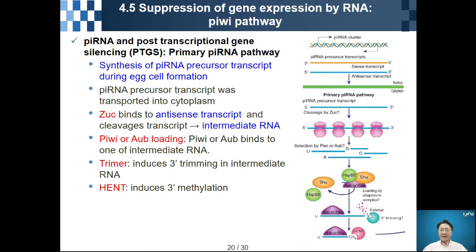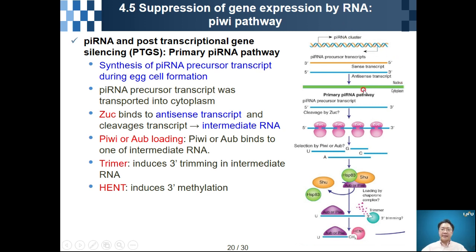In this slide, I will explain piRNA and post-transcriptional gene silencing. This mechanism is composed of a primary piRNA pathway and a secondary piRNA pathway. First, I will explain the primary piRNA pathway. This is the piRNA DNA, which is composed of the piRNA cluster.